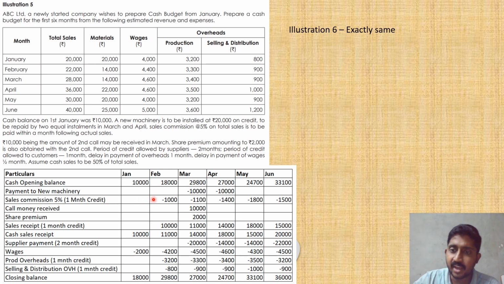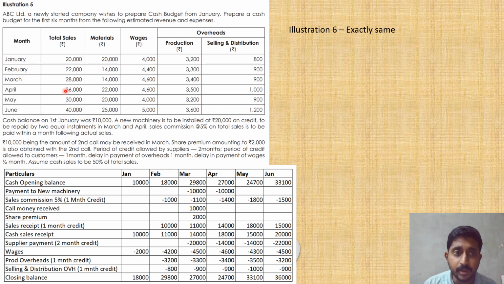Sales commission is paid outside, so it is a cost, but it will hit our cash only in February. The real payout will happen in the next month. So for January, 20,000 is the sales, 5% is the commission, which is 1,000 rupees, and it is effectively paid out from the cash balance only in February. In the same way, for February we will pay in March.